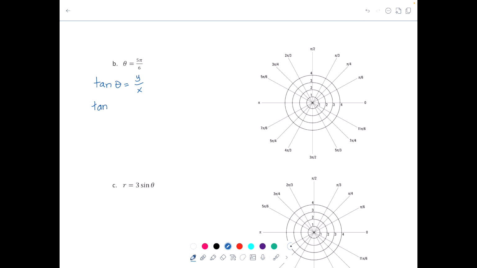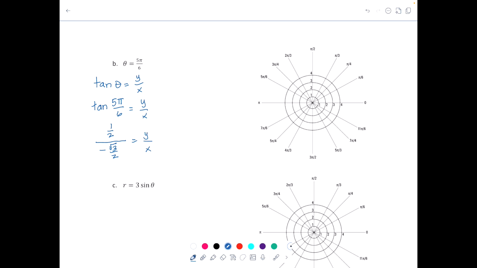So tangent of 5 pi over 6 is equal to y over x. Thinking unit circle, that's in the second quadrant, so the y value is positive, and it is 1/2, the x value is negative, and it's root 3 over 2. And that'll be my y over x.